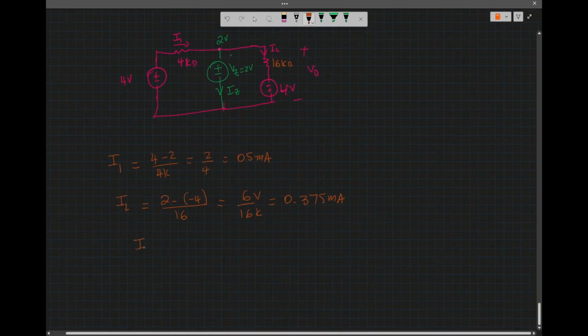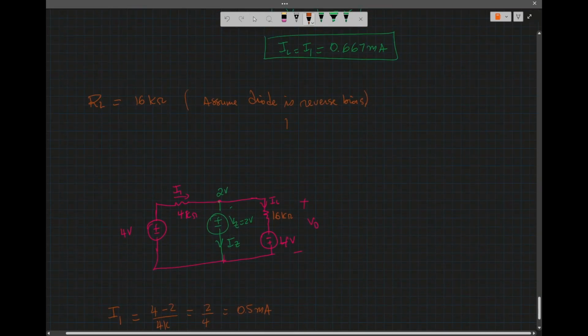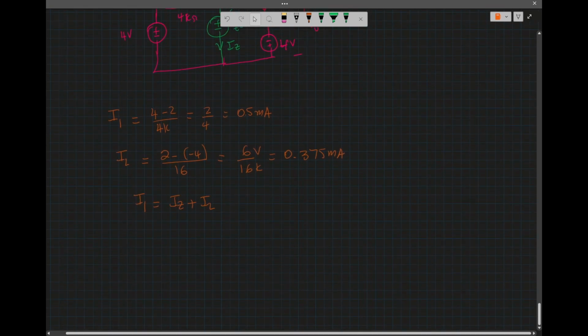So I1 equal to IZ plus IL. Okay, so the diode reverse bias, that means we want IZ to be positive, right? So please keep that in mind. So that's why we need to find IZ. So IZ will be I1 minus I load. So I1 is 0.5 milliamp minus I load with 0.375 milliamp.